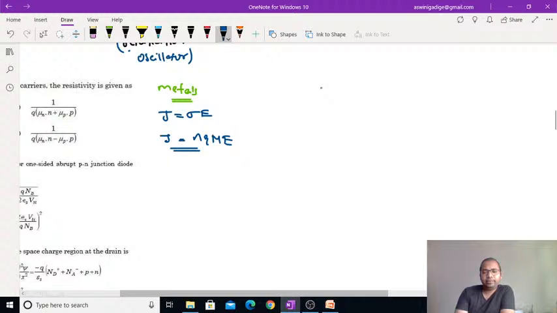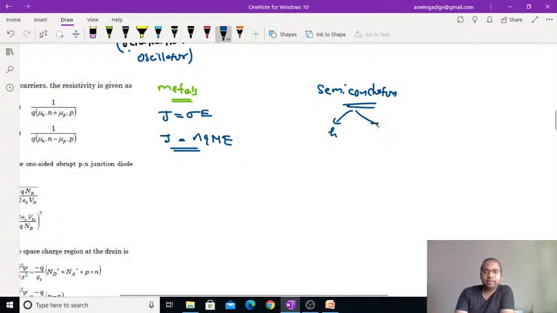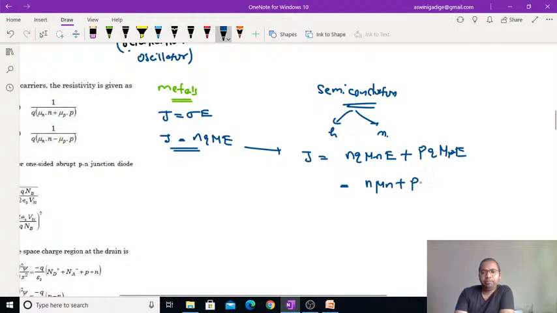And coming to the semiconductors, semiconductors are having the two different types of charge carriers, holes and electrons. So that's why this equation J can be taken as n q mu_n E plus p q mu_p E. And from this one, you can take q(n mu_n plus p mu_p)E.